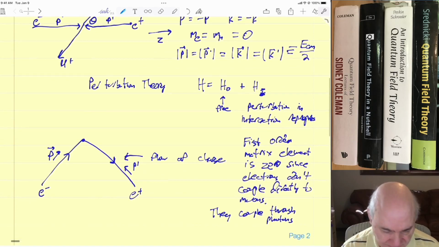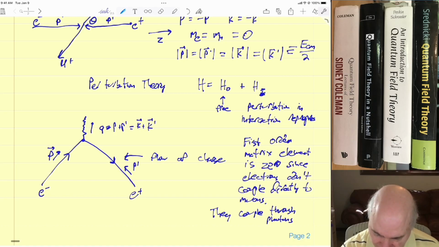So going back to the Feynman diagram, we can think of the electron and the positron coming together, and all of a sudden they make a photon. And we can write down the photon momentum, think of it as flowing this way, and Q is equal to P plus P prime is equal to K plus K prime.